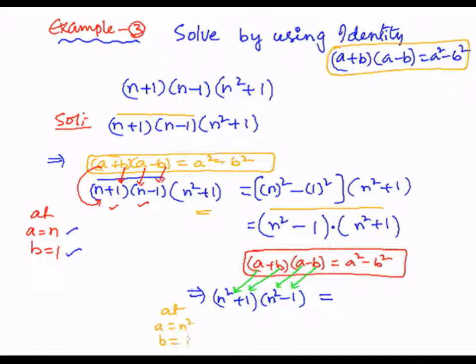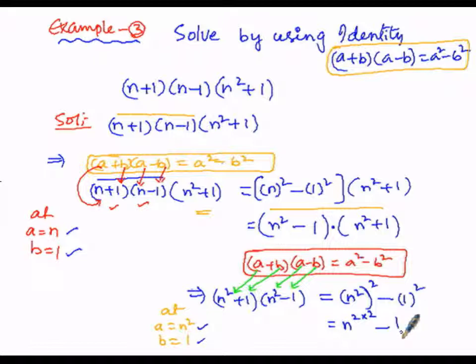By replacing these values in this result, here a square, a is n square, but it must be squared as per a square in the identity, minus b square, b is 1, so here 1, but it must be squared because it is b square. Then that is equal to, it is in the form of a power m whole power n type. So, a to the power of m into n, that is n to the 2, the 2 in the bracket must be multiplied with this 2, minus 1 square, value 1, 1 is 1.